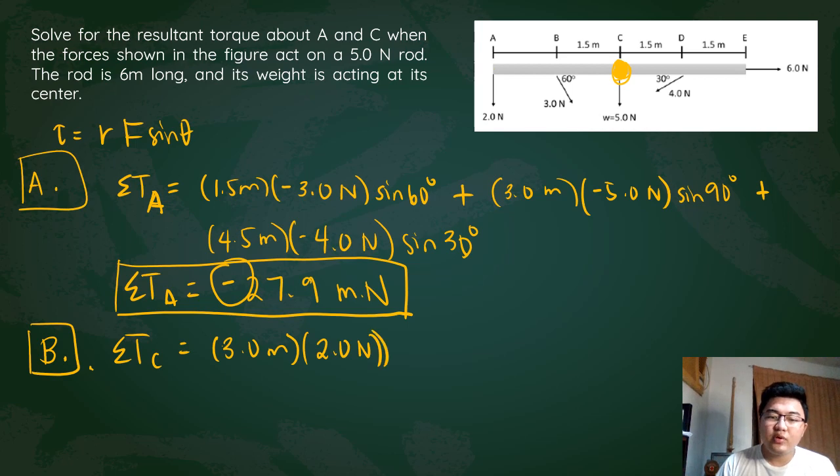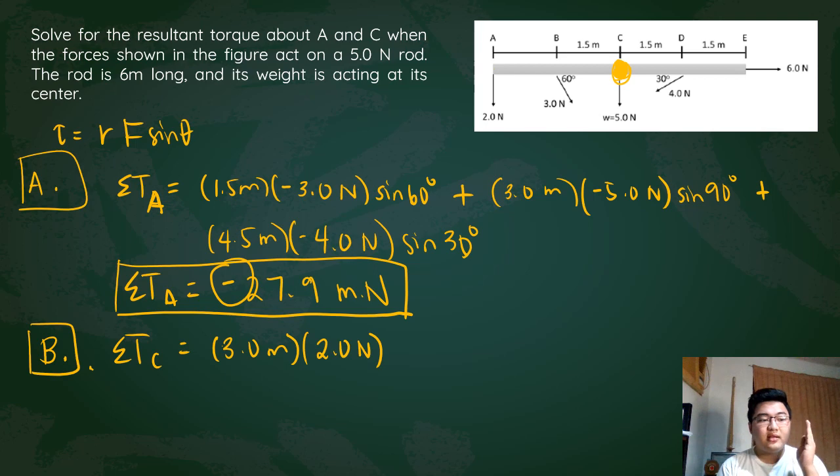Why? Since your pivot point, or axis of rotation, is at point C, if the force at point A is directed downward, then your rod will rotate in a counterclockwise direction, and therefore that will have a positive value.